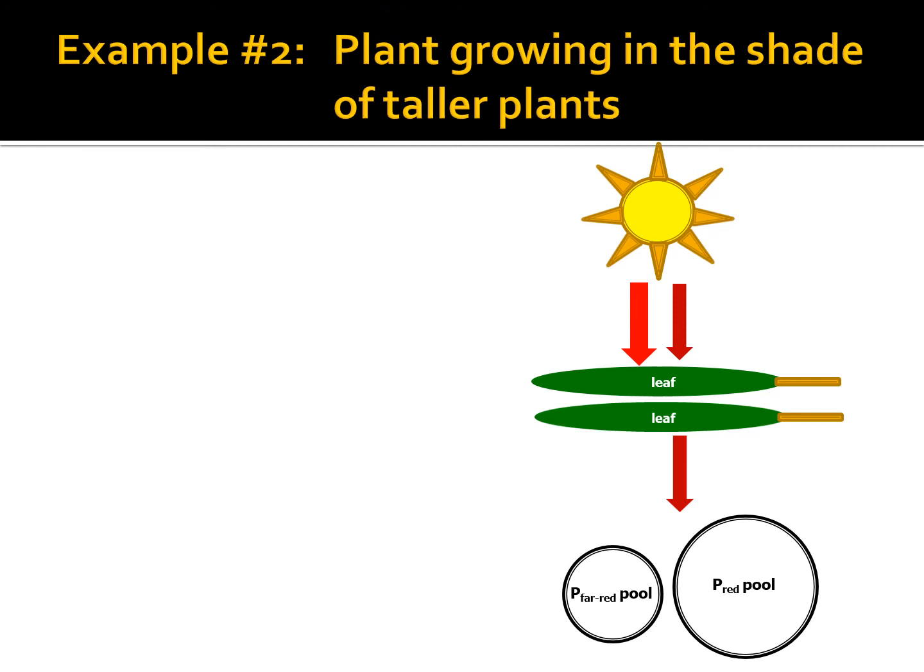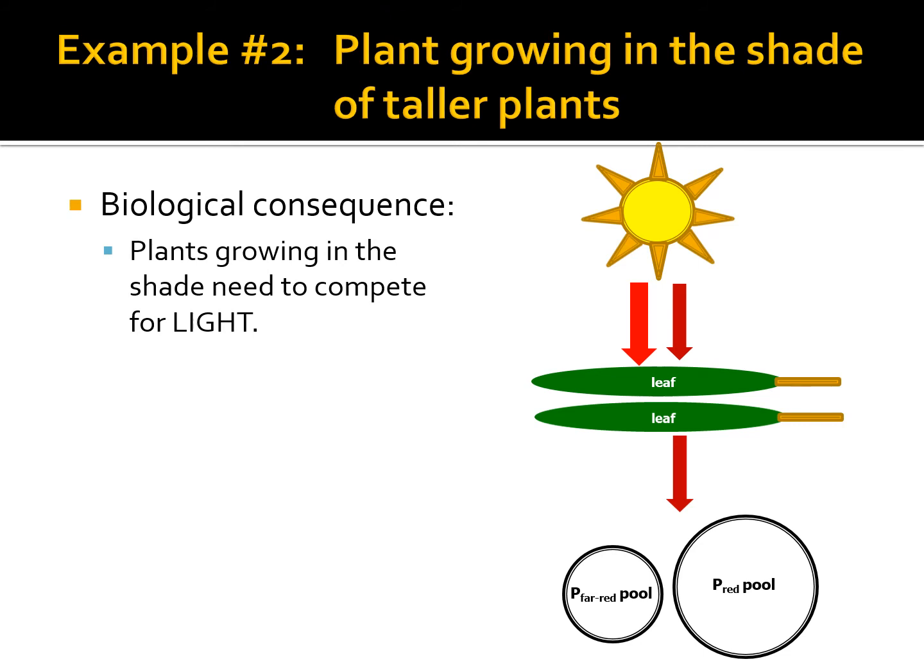So the pool of phytochrome red is going to be larger than the pool of phytochrome far red, which is just the reverse that we saw in case study number 1, where we were looking at a plant that was growing in full sunlight. So what is the biological consequence here? Well, plants growing in the shade need to compete for light, so they grow taller and have fewer branches.